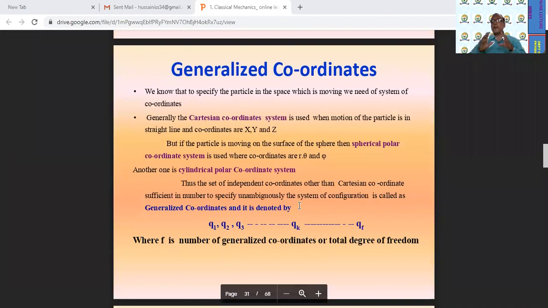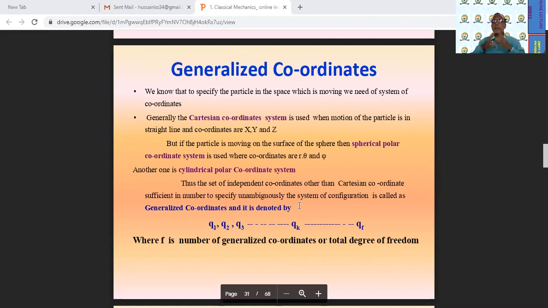As all of you are familiar, we were discussing a particle which is moving according to Newton's laws of mechanics. From the beginning of this chapter, I am telling you that our concentration is the particle which is moving from one place to another according to Newtonian mechanics.